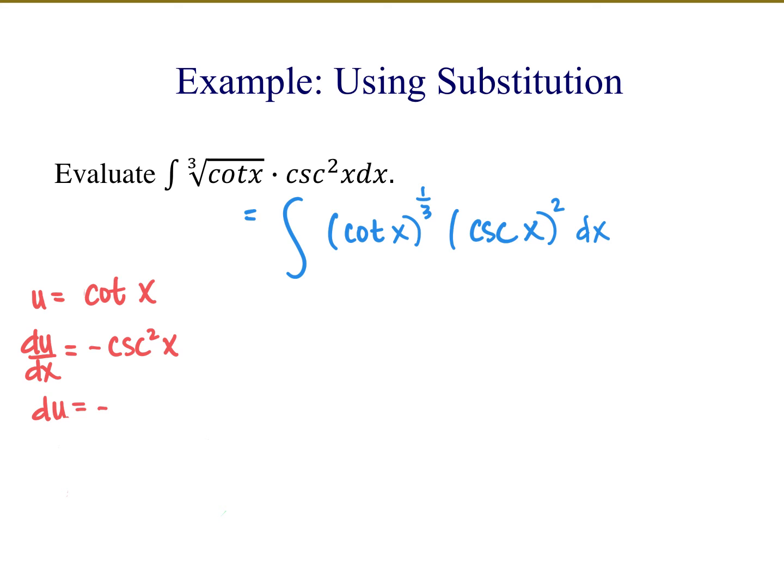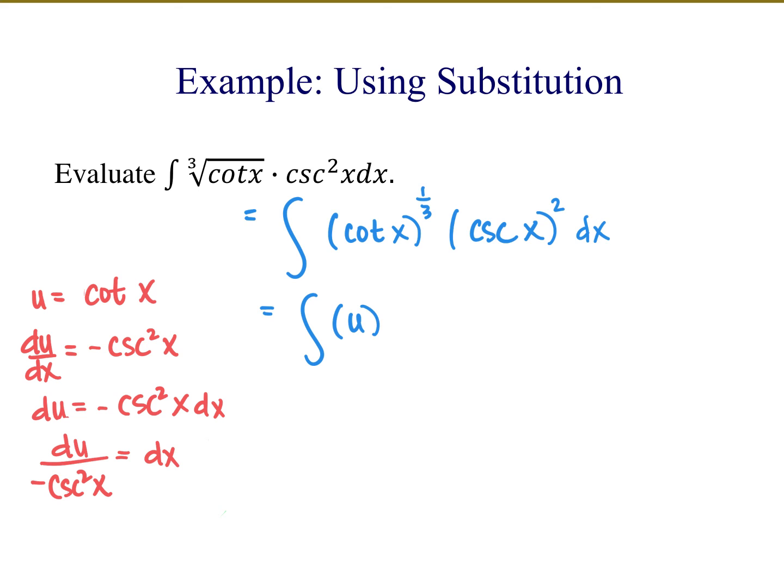And so when we do our isolation, we get dx equals du over negative cosecant squared x. If you think ahead to substituting that, will that fully reduce the other part that you didn't choose? The answer, if you can see it, is yes.